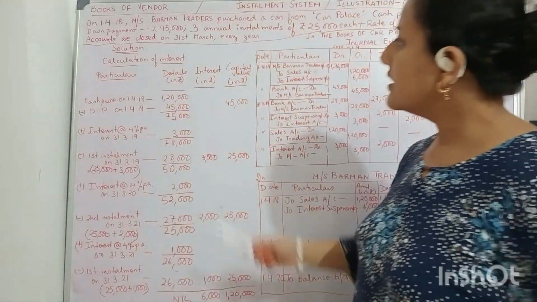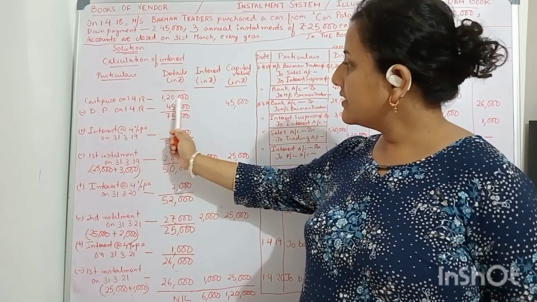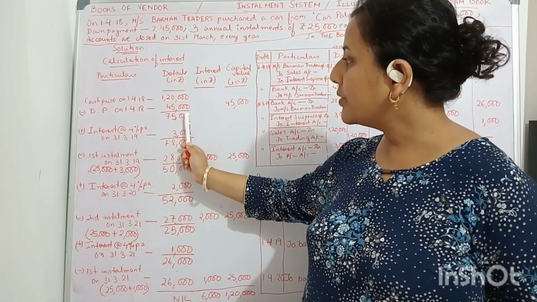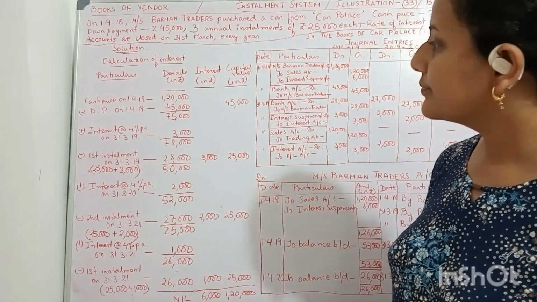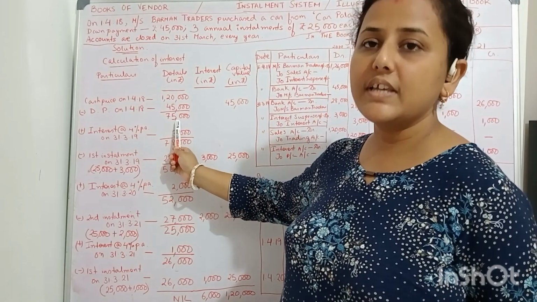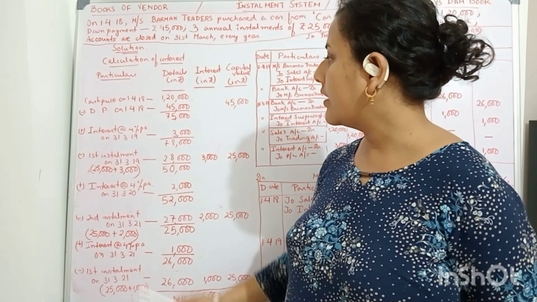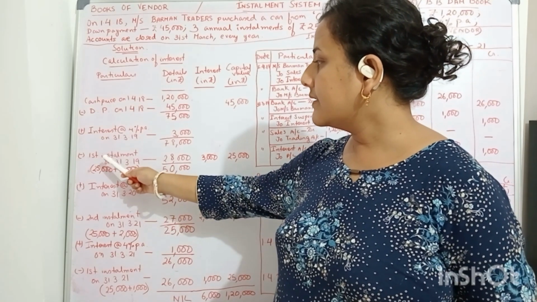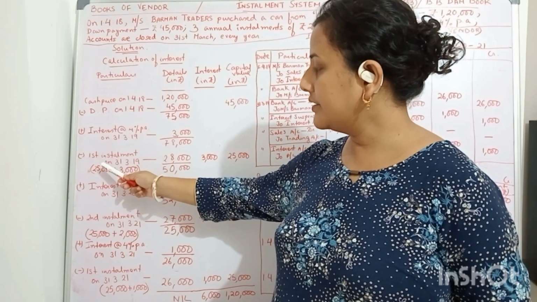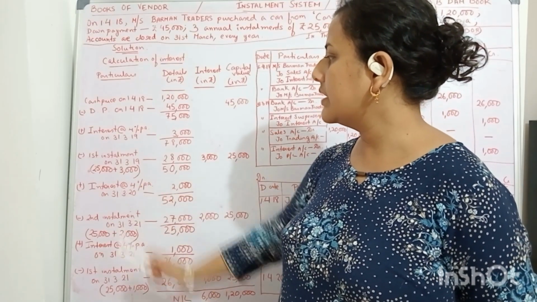So you see the calculation of interest. Cash price is given, you deduct the down payment to get this amount, add interest at the rate of 4% per annum on 75,000. So you get 3,000. Then less, that is deduction is made, first installment on 31st/3/2019.